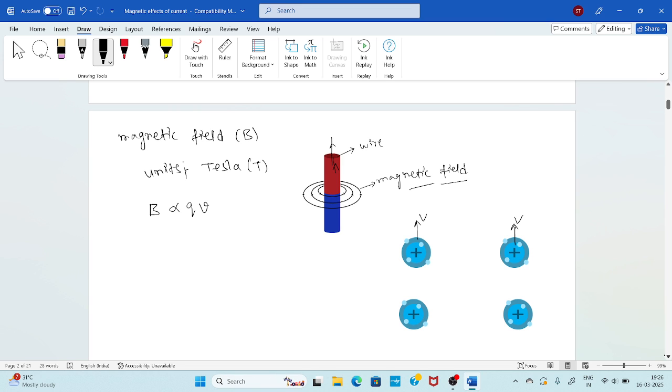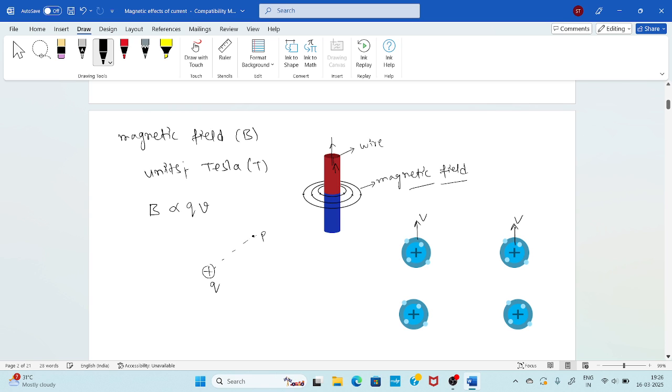Suppose I am taking one example here. This is the charge Q, and around the charge there is a magnetic field. Here I am taking a point P on the field.